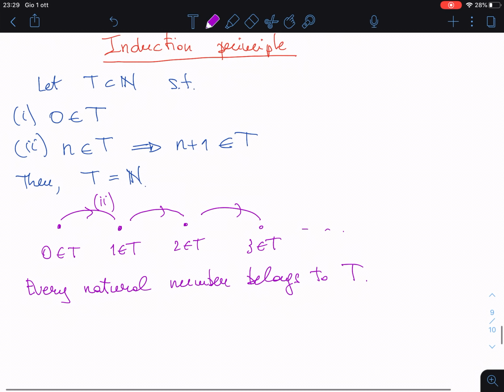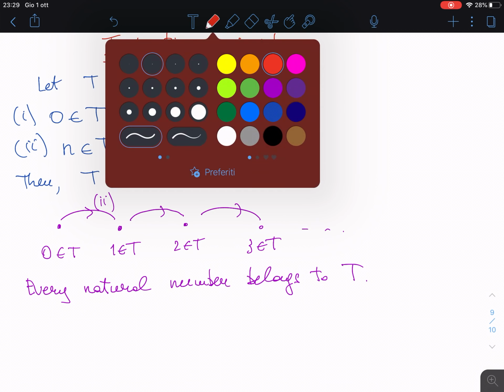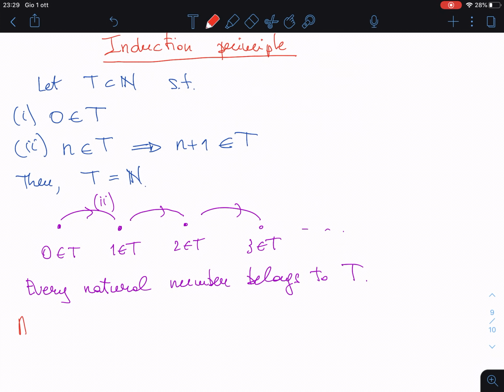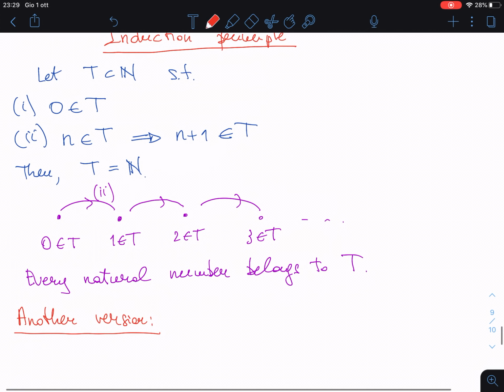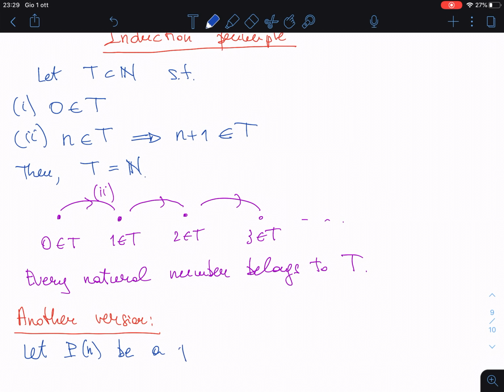This is another version of the induction principle, which is very much used, and is the following. Let P of n be, as in logic I would say a proposition on natural numbers, but let me say a property of natural numbers.